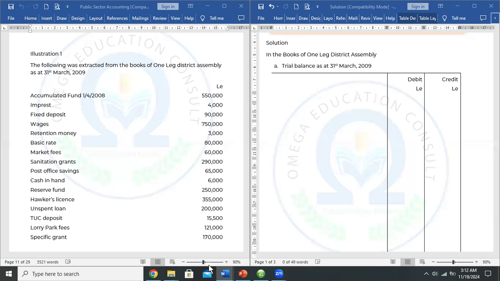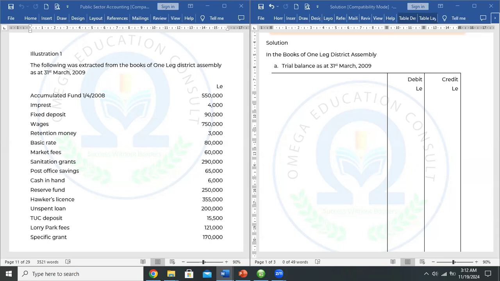Okay. I did give you a hint that in terms of the practicals, mainly you are asked to prepare some statements, some accounts, as well as the trial balance and the balance sheet.